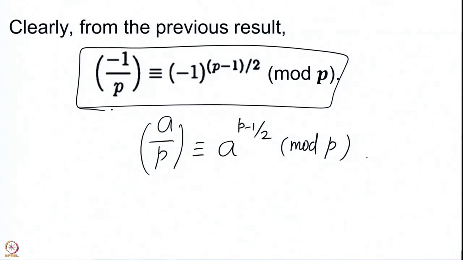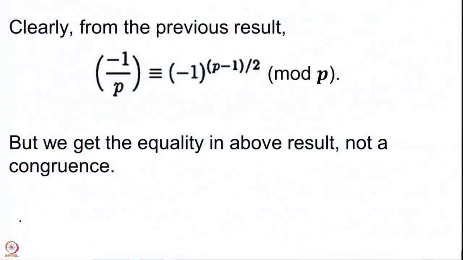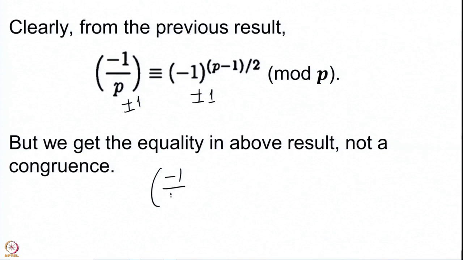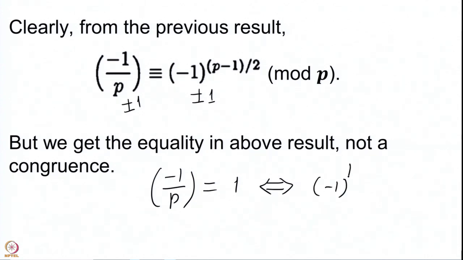modulo p. This will also tell you that we get equality, we do not get a congruence, and the reason for this is the following fact: this is either +1 or -1, and of course all powers of -1 are also +1 or -1. So when you have +1 here, you should have +1 here, because (-1/p) = 1 if and only if the other side gives you 1.